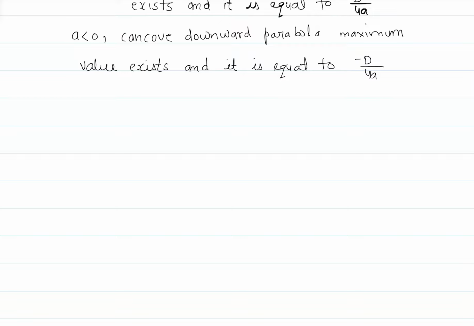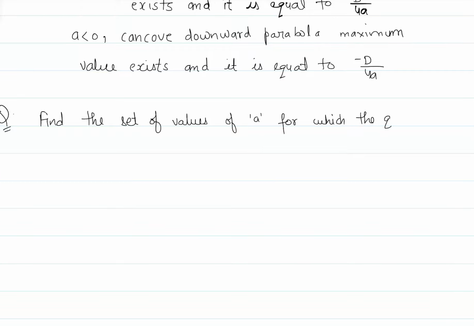Find the set of values of a for which the quadratic polynomial (a plus 4) multiplied by x square minus 2ax plus 2a minus 6 is less than 0.